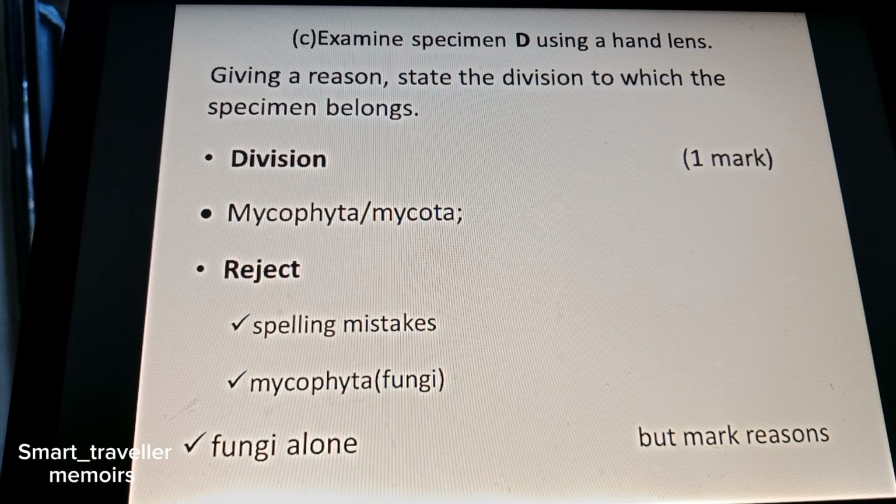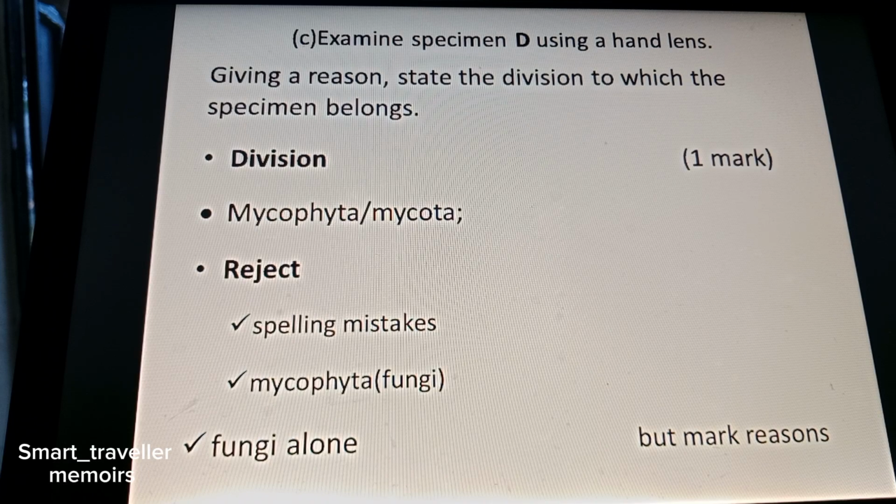Examine specimen D using hand lens. Giving a reason, state the division to which the specimen belongs. And if you did that one, you found that the division is mycophyta. And also, those who said mycota got the mark.